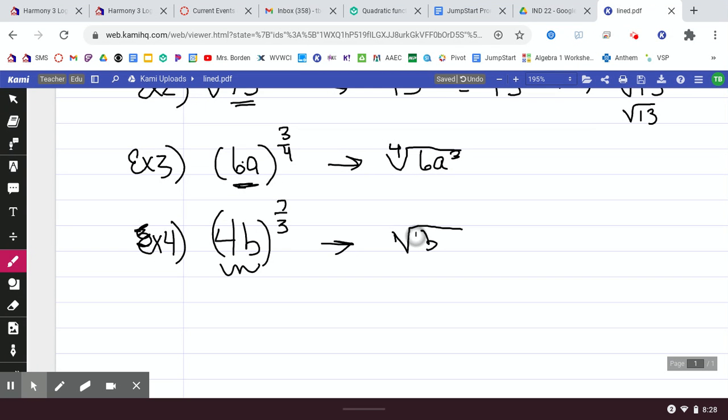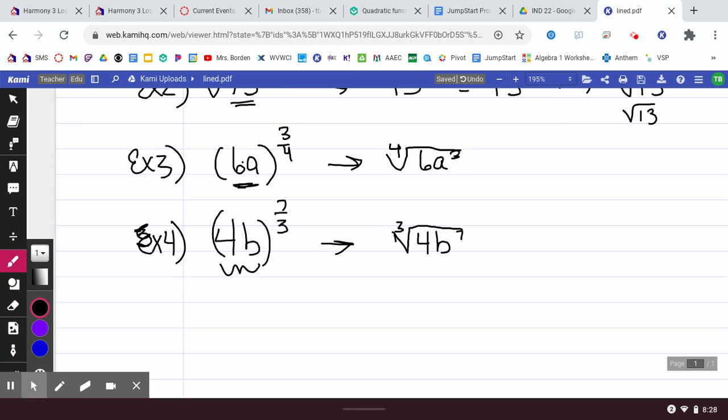So 4b is my whole base. My exponent here is 7, and my radical is 3. And because I don't know what b is, I can't reduce this any further. That's just written in radical form.